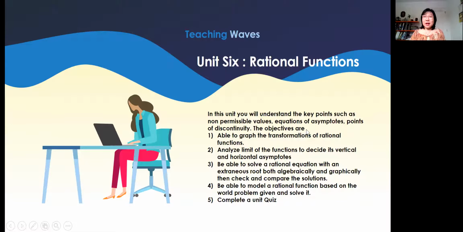The objectives are to be able to graph the transformations of rational functions, analyze limits of the functions to decide its vertical and horizontal asymptotes, and be able to solve a rational equation with an extraneous root, both algebraically and graphically. Then check and compare the solution. Be able to model rational functions based on the word problem given and solve it.